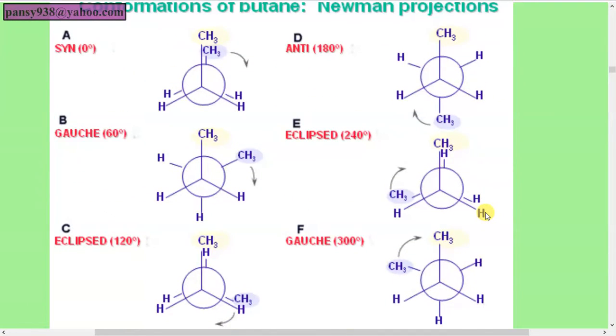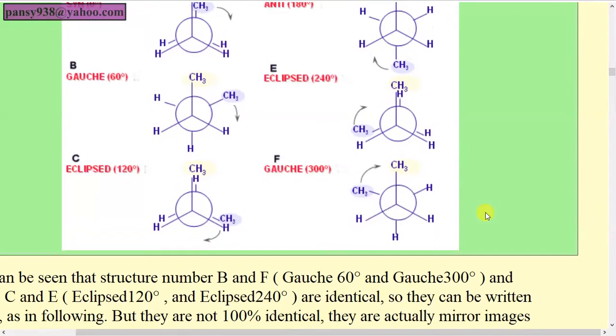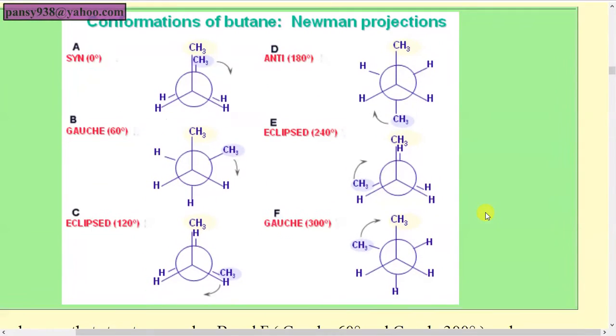Here is the chart which shows different conformers: syn when both are at 0 degrees, gauche at 60 degrees, eclipsed at 120 degrees, anti when both are at 180 degrees, eclipsed at 240 degrees, and gauche at 300 degrees.